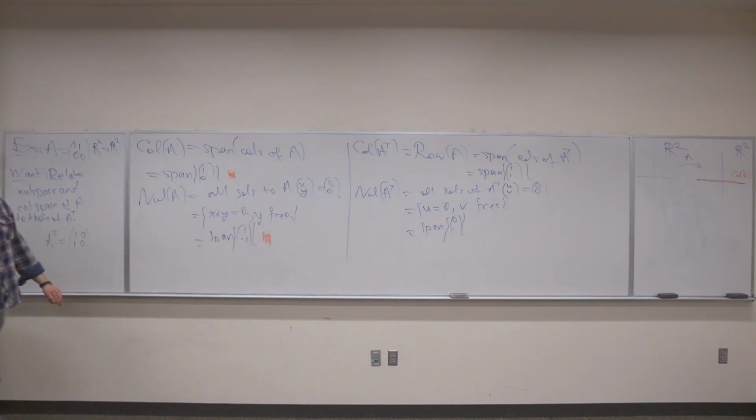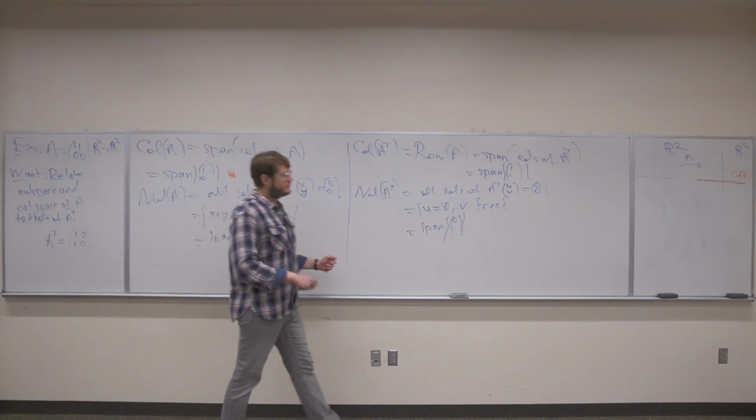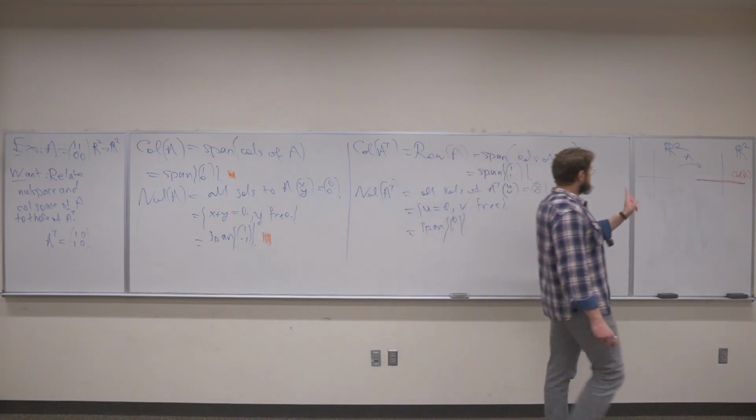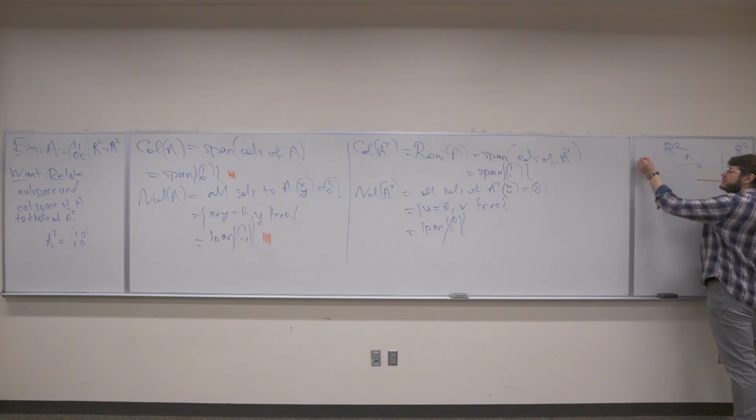It's the span of 1 minus 1, so it's the second diagonal if you want. But instead of drawing null space in the output space, as usual, I'm going to draw it in the input space for A. So this is the null space of A.